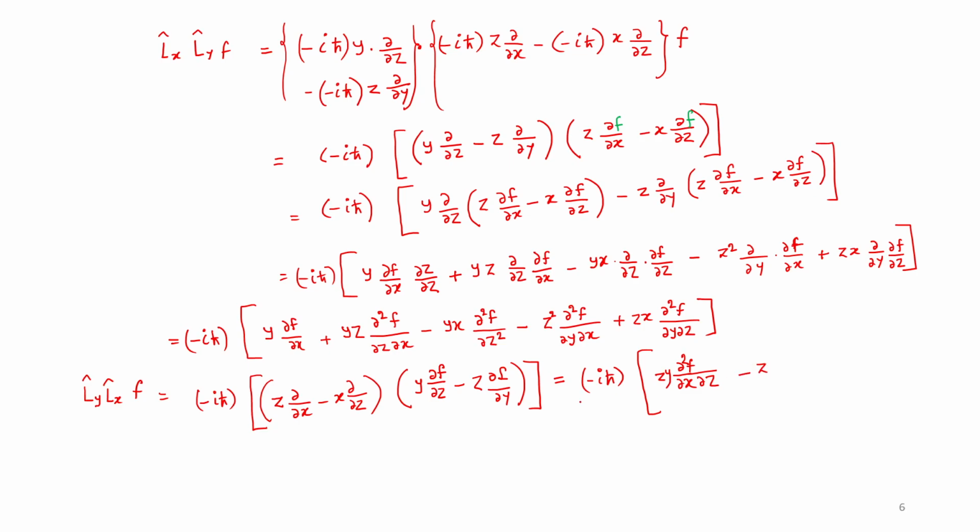Now the second is z squared ∂²f/∂x∂y. Now the second and third: minus xy ∂²f/∂z². And what about the third term? The last two, so first of all it is plus, minus, minus, plus. Then x ∂/∂y operating on z as well as ∂f/∂y.